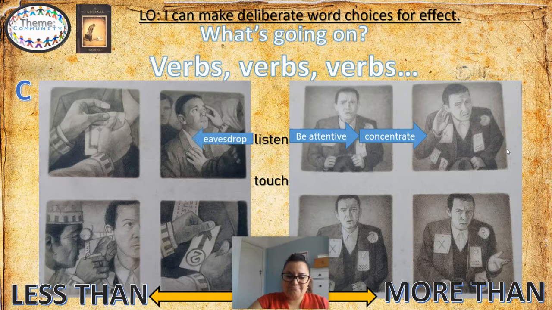Less than a listen. Okay. Eavesdrop. Oh, I wasn't meant to hear it, but I can just about make it out. Less than eavesdropping. Oh, I might just have overheard it. I wasn't even trying to listen. It was so loud, I just heard it. Less than overhear. Notice.